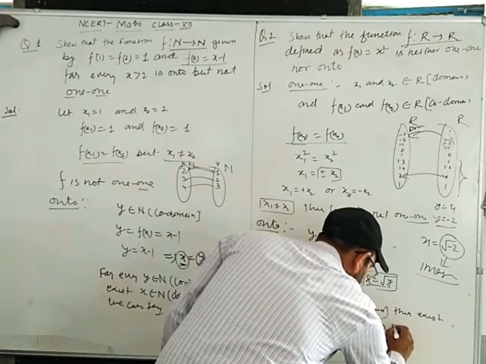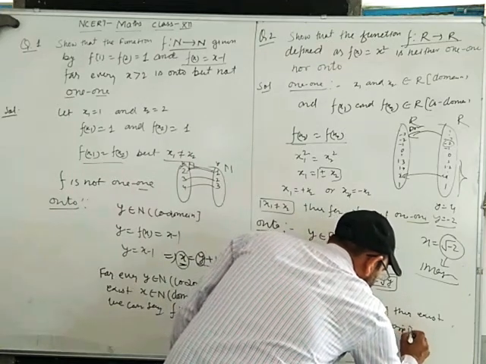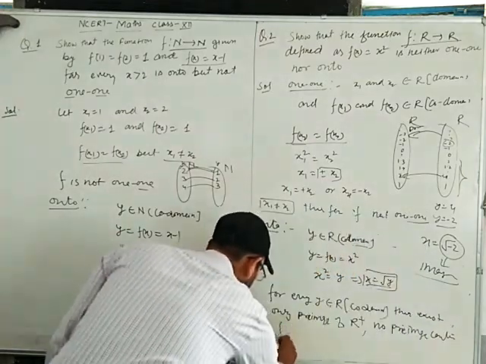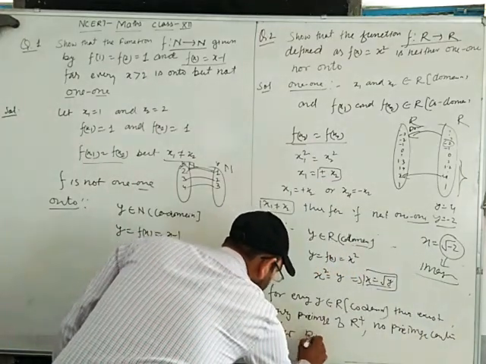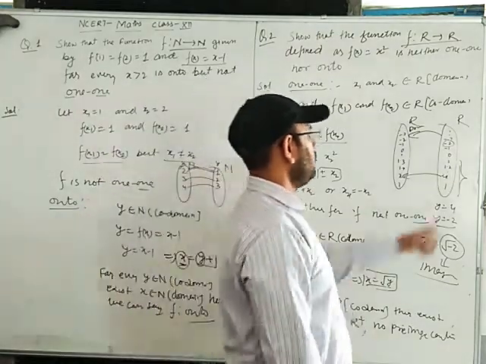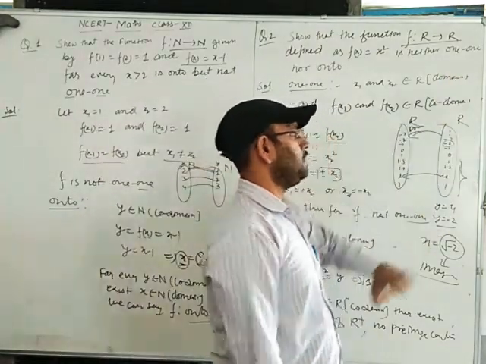No pre-image exists for negative real numbers. So it means the negative real numbers are remaining vacant.